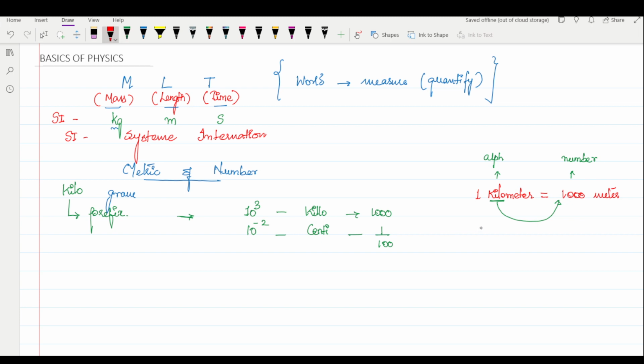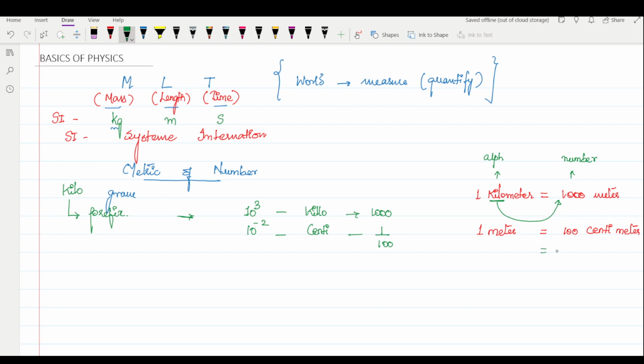Say, for example, I could tell 1 meter equals 100 centimeters.